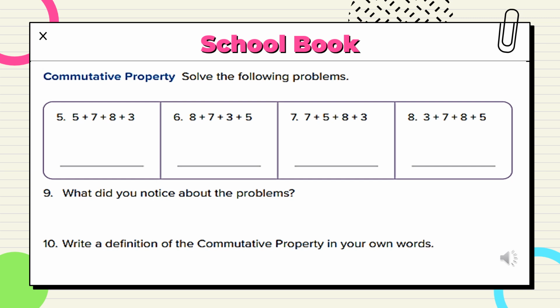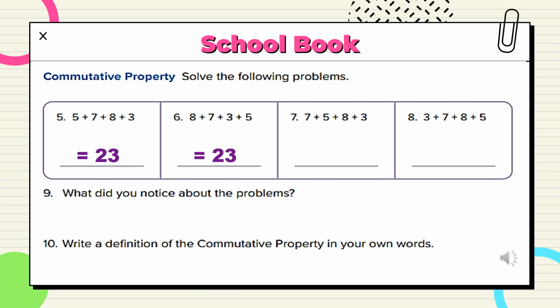In this exercise, we practice more about commutative property, which means we can switch the addends and the sum does not change. We get the same sum. So in first one, we have 5 plus 7 plus 8 plus 3. So if we make 5 plus 3 equals 8, 8 plus 8 equals 16, 16 plus 7 equals 23. On number 6, here we switch the addends, so we get 23.